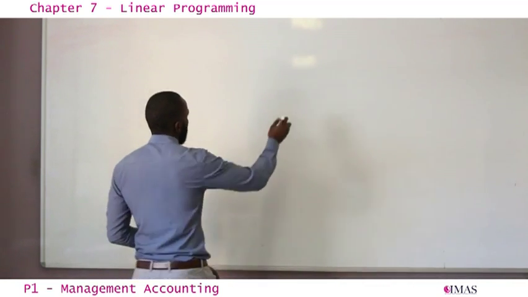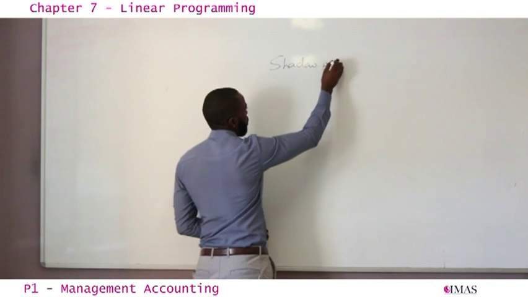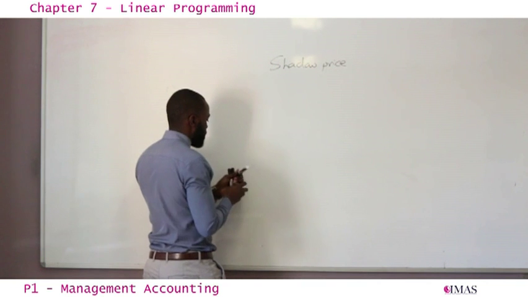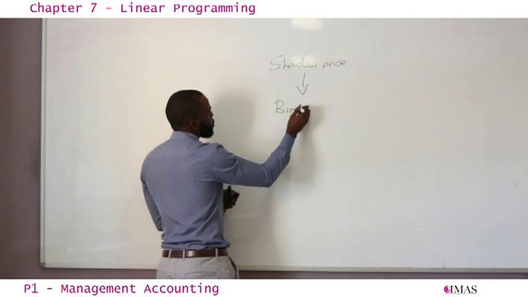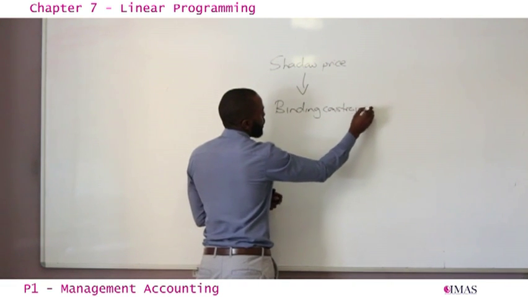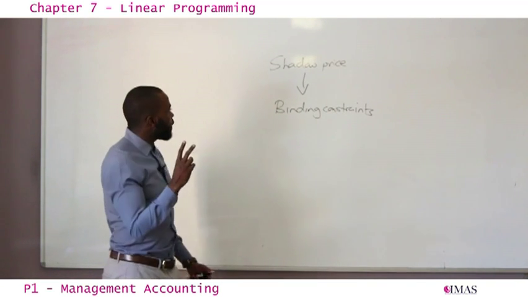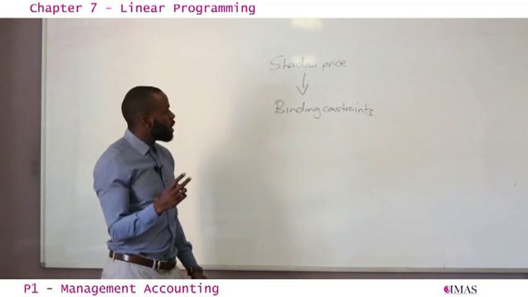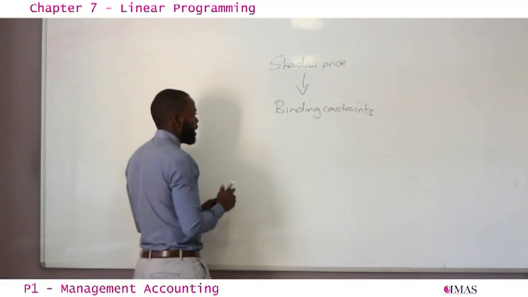So first, we're only going to get a shadow price on the binding constraints. So in our linear programming, it basically means we're only going to have a shadow price on 2 lines, because our optimum point is always at a point where 2 lines are intersecting.